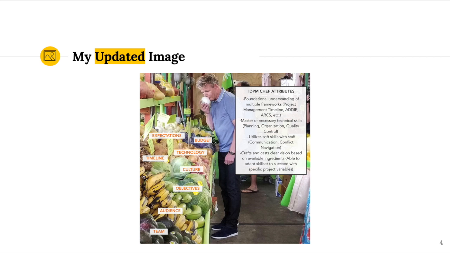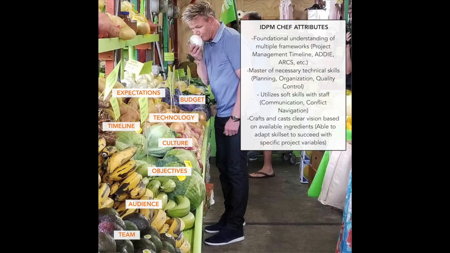So with that in mind, I actually chose to take something from that last image. I had used the analogy of a chef and how they're able to bring together the different ingredients that are available to them to create a dish and make them sing together. And essentially, I chose to make that my image and use that analogy this time.